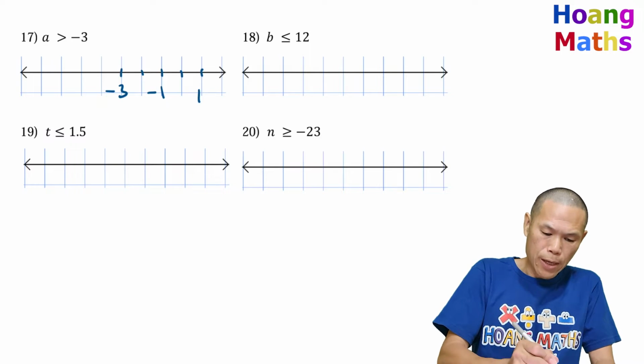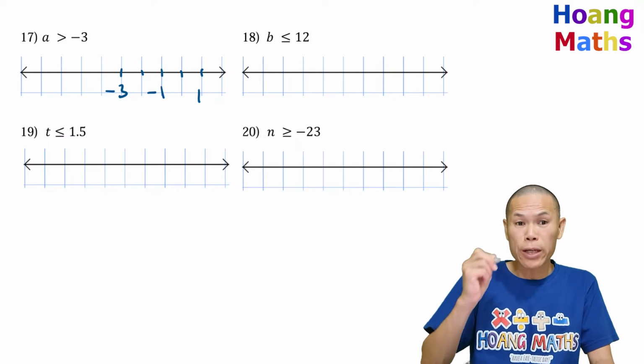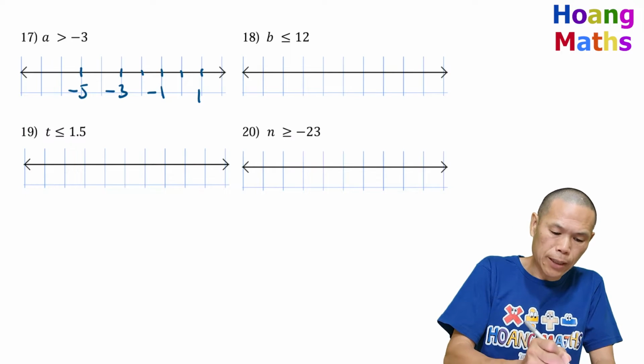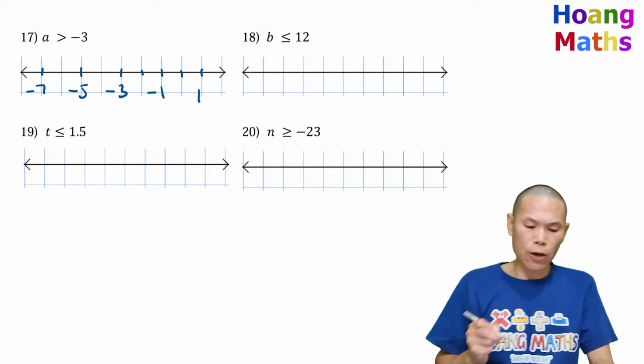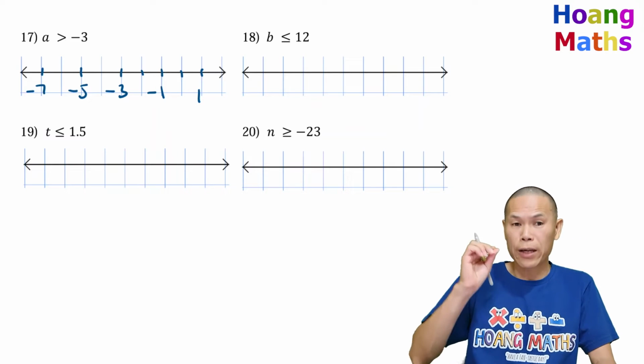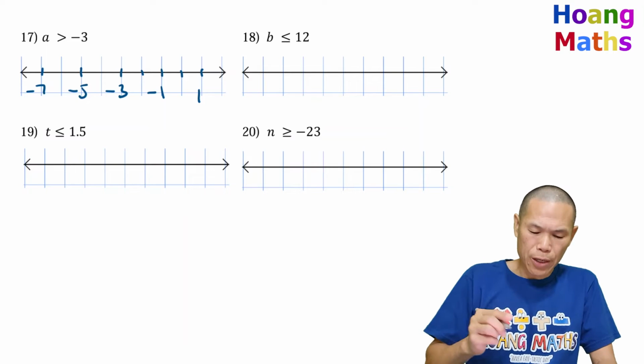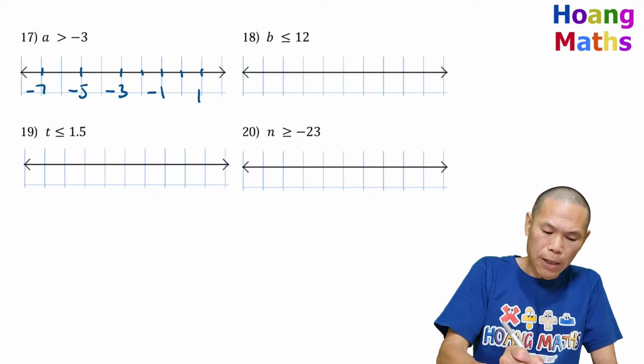That will do. And on the left is negative 3, negative 4, negative 5, negative 6, negative 7. Of course, you don't have to write every number. So these are the numbers on the number line for A.